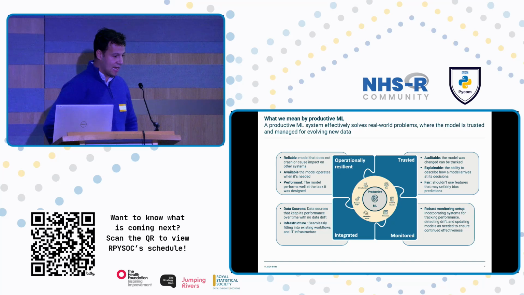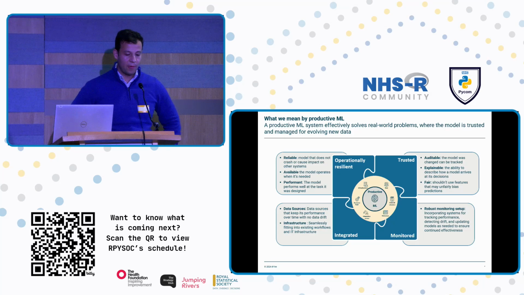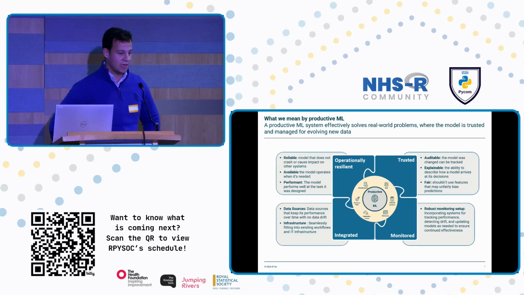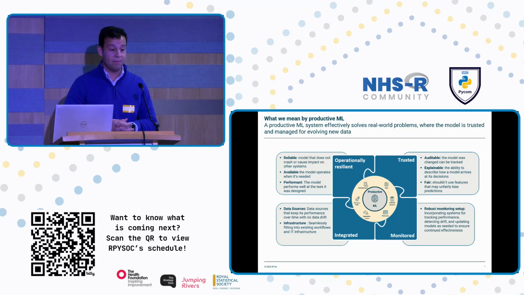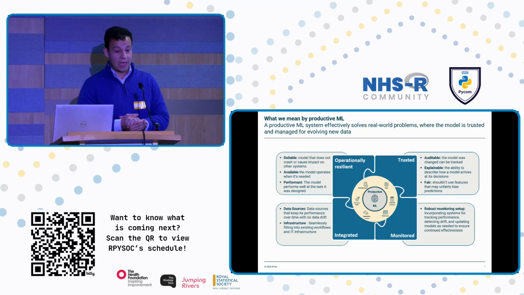To go to my next slide, before we go forward, it's probably a good idea to define what we mean by productive machine learning. There isn't one definition, but this is one I see as potentially fitting. A productive machine learning system effectively solves a real-world problem. It may solve this by recommending decisions or actually performing decisions.